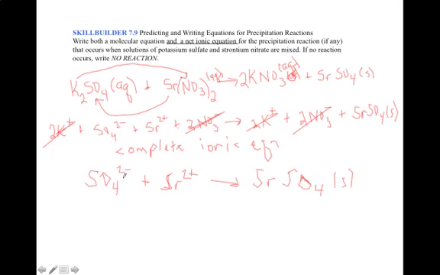And these really need to have AQ written here. I'm just having trouble with my pen writing. It's supposed to say AQ. So anyway, that's the molecular answer, but the net ionic equation is sulfate ion plus strontium ion gives strontium sulfate.